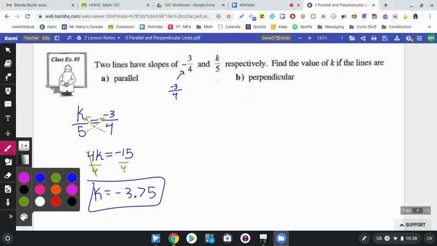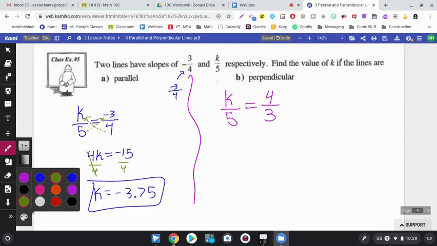All right, perpendicular, a little bit different. K/5, if I wanted that to be perpendicular, I don't want it to equal -3/4. I want it to equal the negative reciprocal, which in this case would be 4/3, positive 4/3, because it started negative and now it's positive.